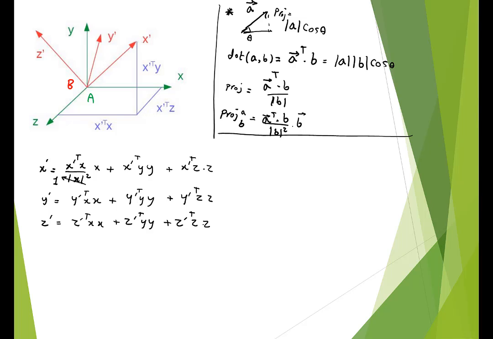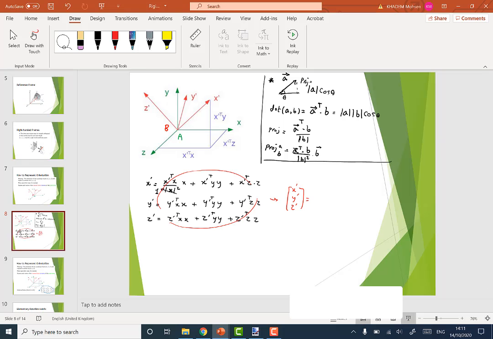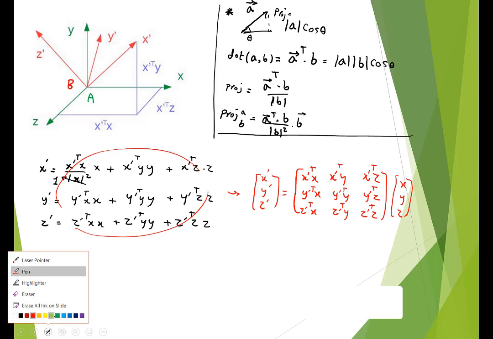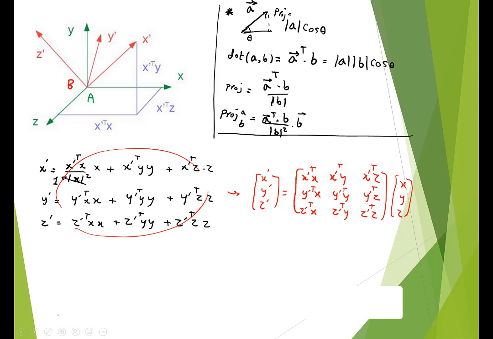Now if you look at this, we're able to write this in a matrix multiplication format as well. All we have to do is gather these terms. This is the same equation but written in matrix format. And now you can see that this whole transformation, writing the rotated frame with respect to the initial frame, can be written in a matrix format.